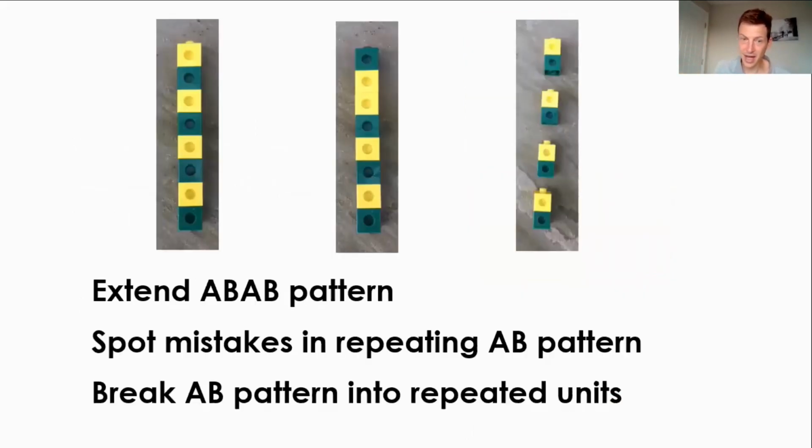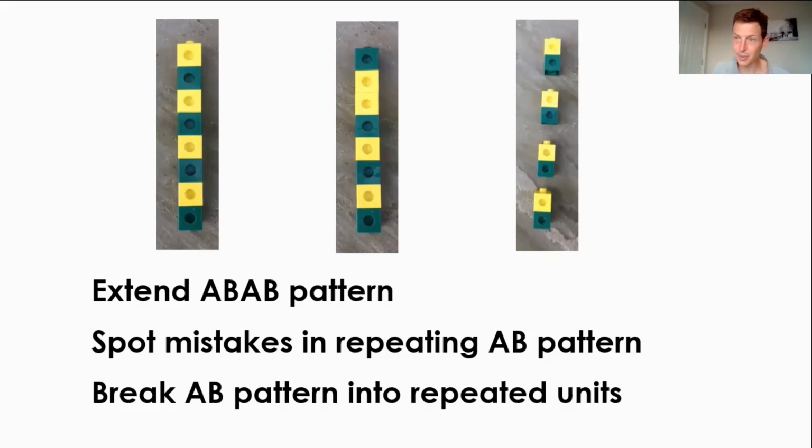Now, a development from that could be extending an A-B pattern and keeping that pattern going to make it an A-B-A-B pattern. And of course, we could use these same principles, but not just with an A-B pattern. It might be with an A-B-C pattern, so like a green, yellow pattern, and so on and so forth. Could we then spot mistakes in a repeating A-B pattern?